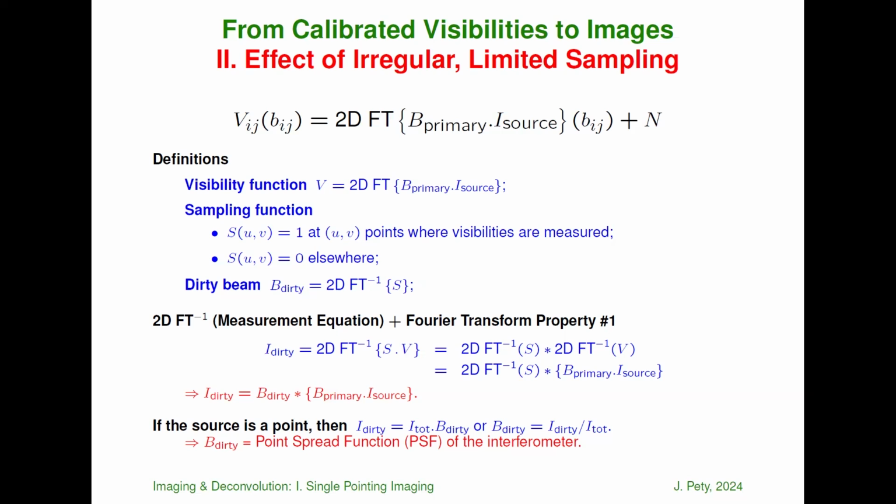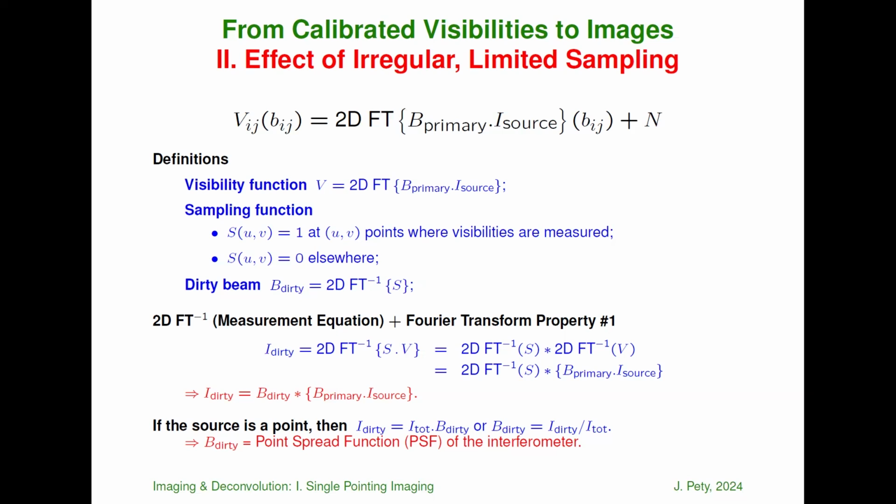So now what we want to do is go from the UV plane to the image plane. In order to do this, we will take the 2D inverse Fourier transform of the measurement equation. Let's forget for now the fact that we have noise, and let's assume that we can rewrite the measured visibility as the product of the continuous visibility function times the sampling function. We are taking the inverse Fourier transform of this product, S times V, and we call this the dirty image.